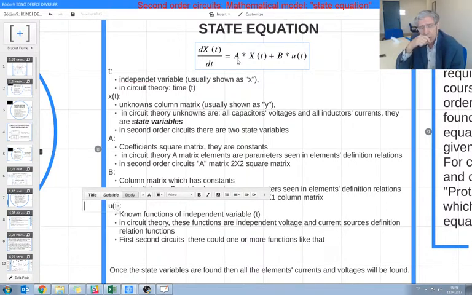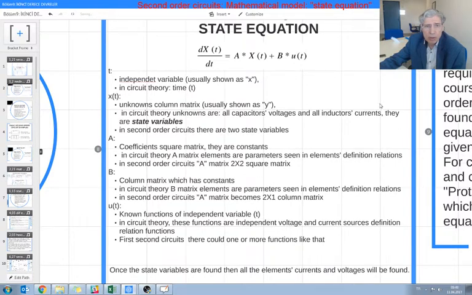So this differential equation is a matrix differential equation. We give a special name to this equation. It is called the state equation. That is the mathematical model of a circuit in the physical world. So what are the variables here?